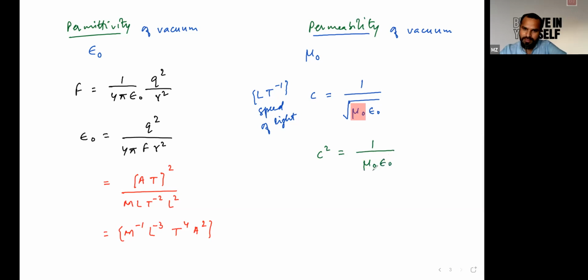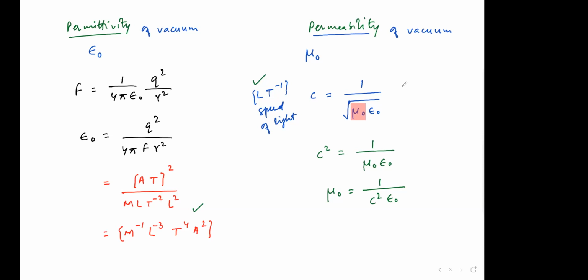On bringing this to the other side, it will become mu naught is equals to 1 by c square epsilon naught. Now just put the dimension of c as LT minus 1, epsilon naught as this one, and try to simplify it. Okay, sir.